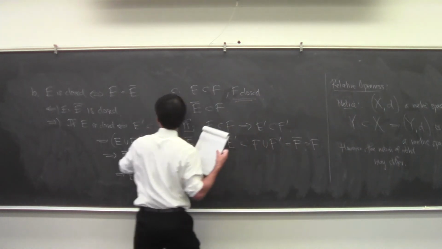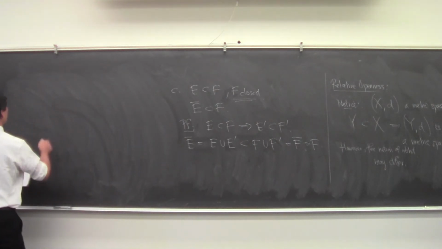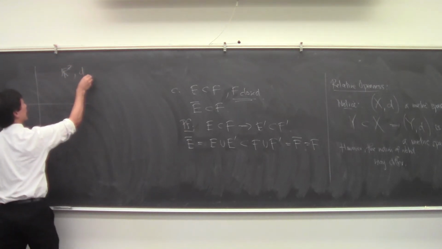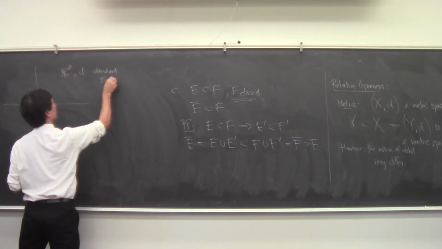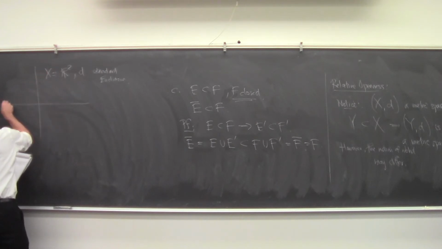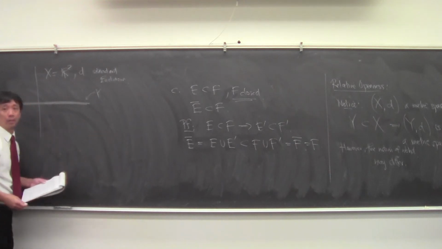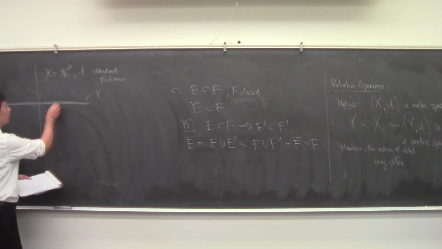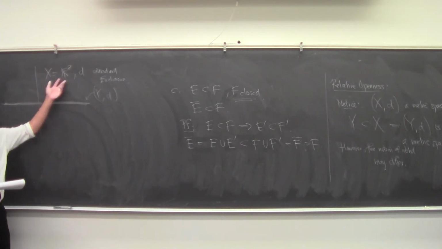Let me give you an example of this. Suppose I'm in R2 with the standard Euclidean metric. So my X is R2, and my Y is the x-axis, and I give it the metric that I get from R2.